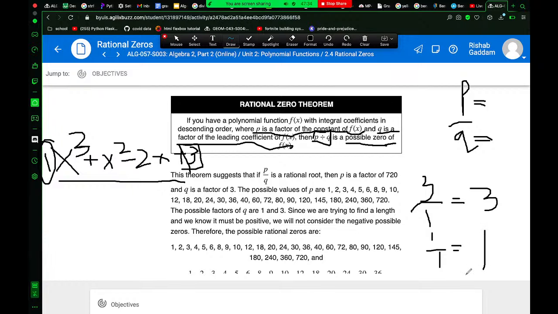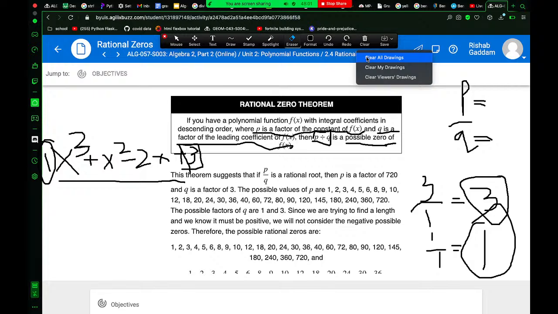So this is a possible zero of this function, and this is also possibly a zero of this function. It means this can be a zero, but sometimes it's not, and this also can be a zero. So that's basically what it's saying, and that's the rational zero theorem.